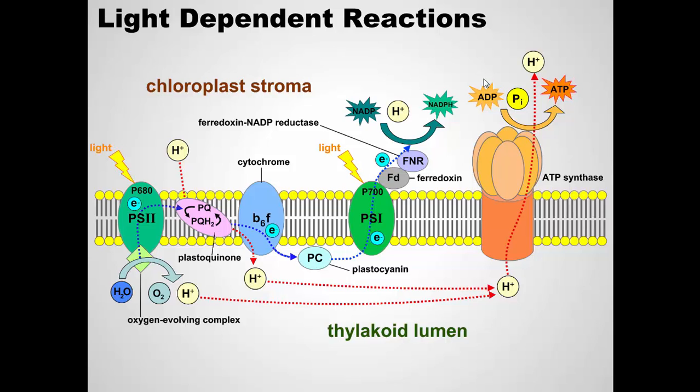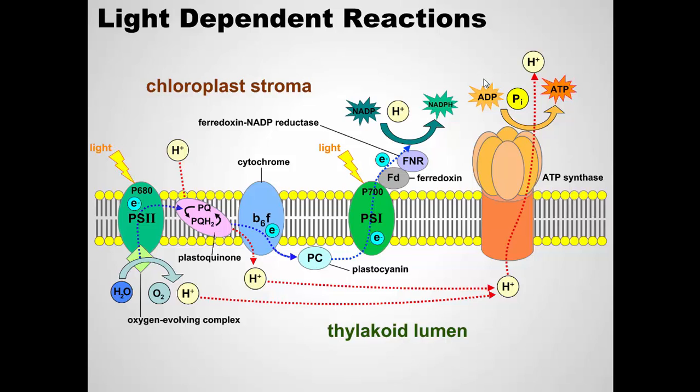Once that electron gets here, another light photon hits it and bumps it up again to a higher energy level, where that energy is used to take NADP and make it into NADPH.